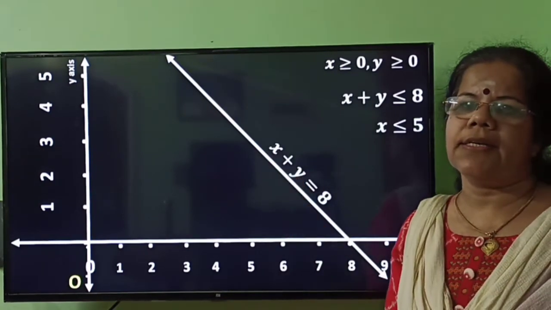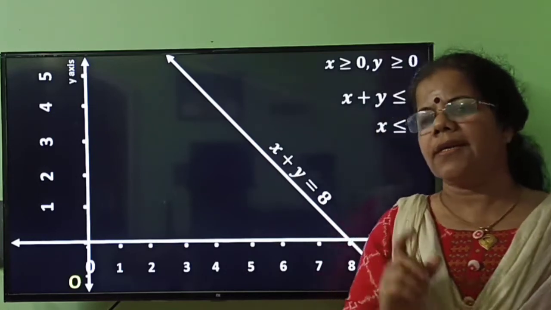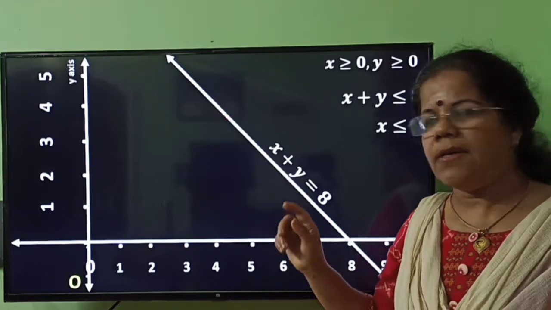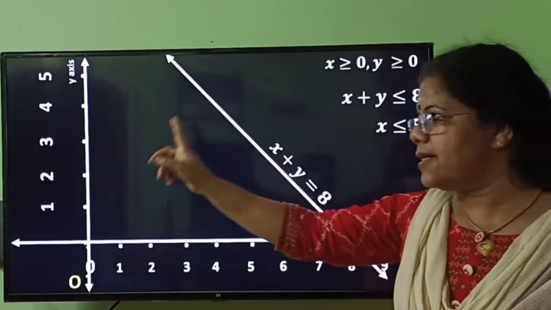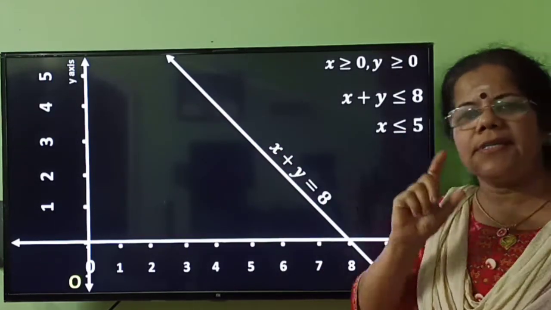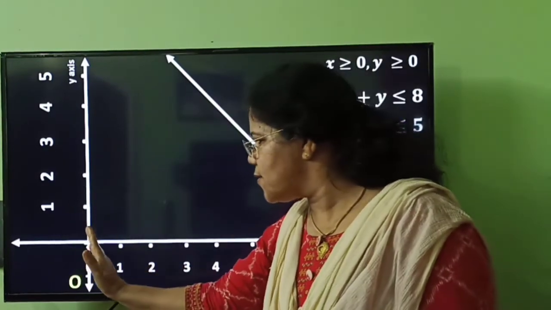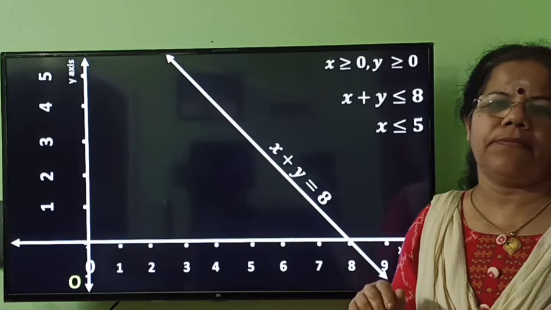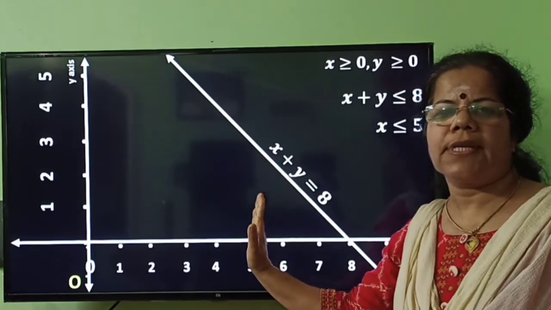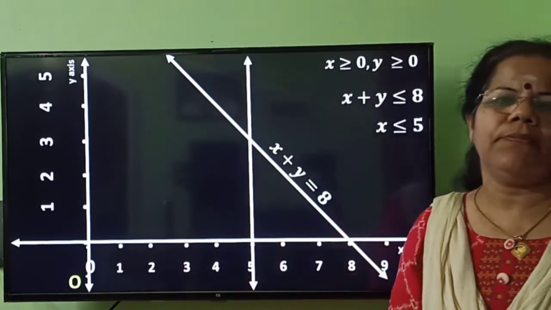Then the next constraint, x less than or equal to 5. Here no need to plot the points. You know, x equal to 0 represents the y-axis. x equal to 5 is a line parallel to the y-axis at a distance of 5 units from the origin. So directly you can write x equal to 5 is a line parallel to the y-axis at a distance of 5 units from the origin.